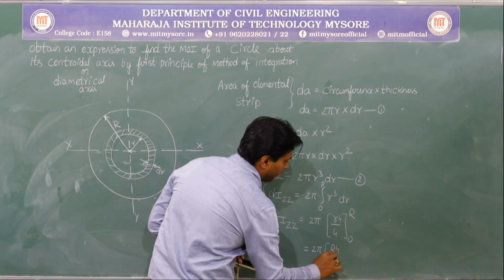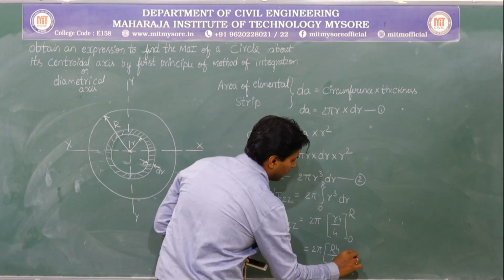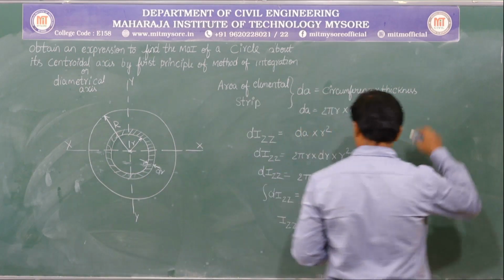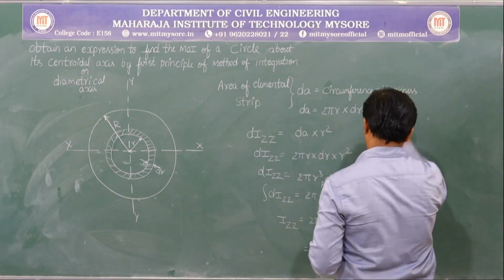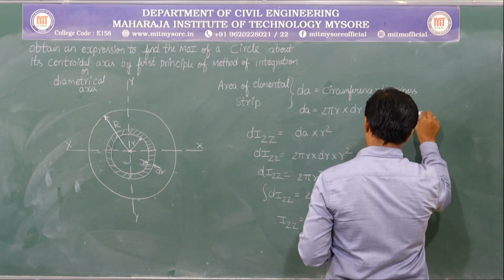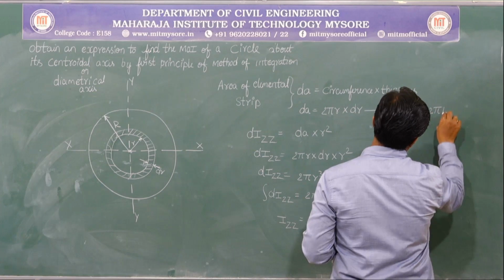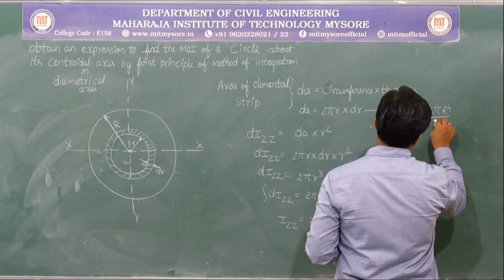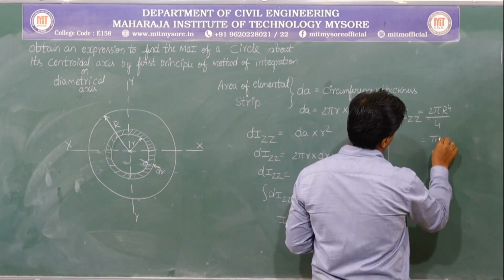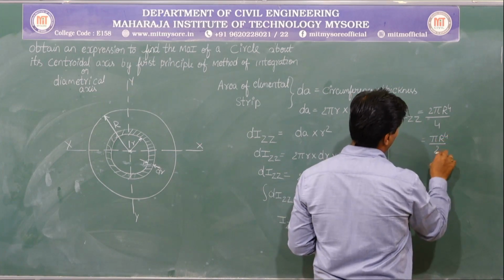It is r to the power of 4 by 4 minus 0. So Izz is equal to 2 pi r to the power of 4 by 4. Or else can I say it is pi r to the power of 4 by 2.